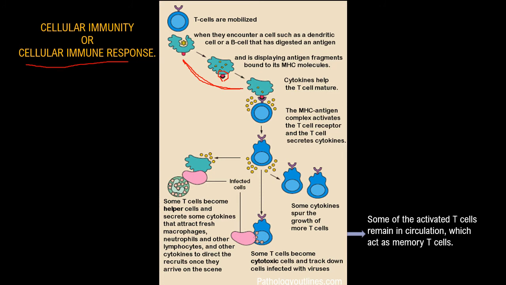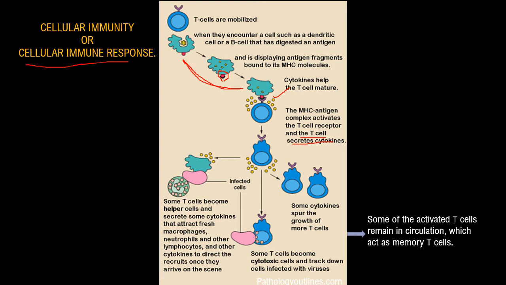These T cells get mobilized, they interact with these cells and they secrete some cytokines. These cytokines help in T cell maturation. The MHC-antigen complex activates the T cell receptor and the T cell secretes cytokines.